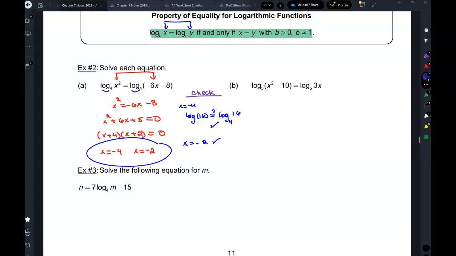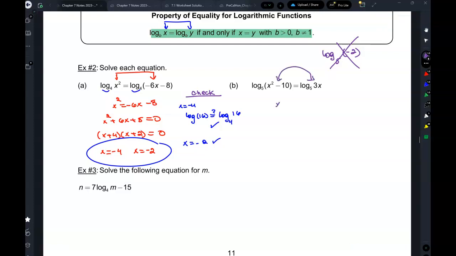All right? You are never allowed to have a negative number inside the log. Okay? So you can never have, let's say, log base 5 of -2. That never works. Okay? So that's one thing you need to watch out for. All right. So here, log base 5 are the same.